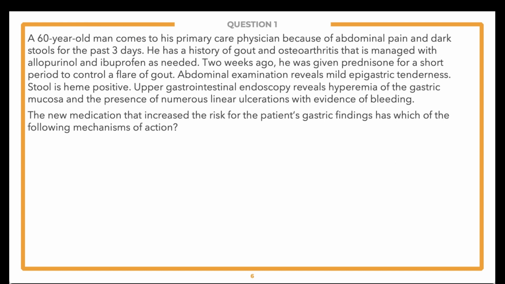Then step two, we want you to go ahead and read the lead-in. The lead-in is the question part of the item. In this case, the lead-in is: the new medication that increased the risk for the patient's gastric findings has which of the following mechanisms of action? By reading the lead-in, now you understand what you're looking for.